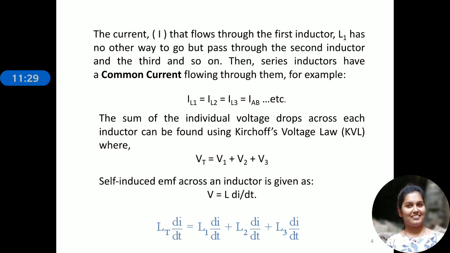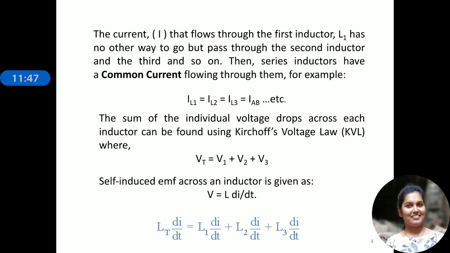The rate of change of current is constant because the current flowing in the series inductor circuit is the same. So we can write Lt di by dt is equal to L1 di by dt plus L2 di by dt plus L3 di by dt.